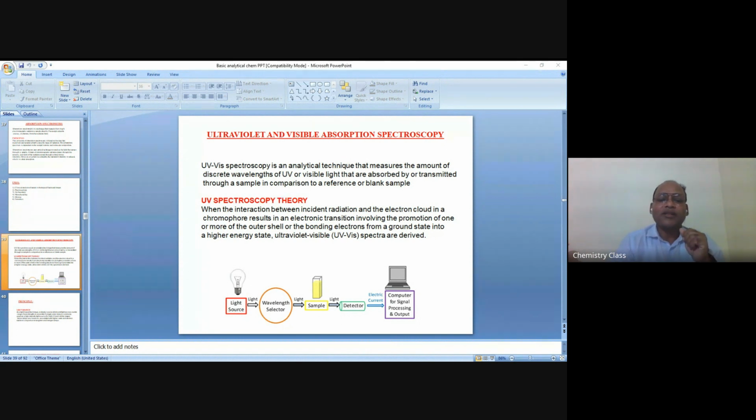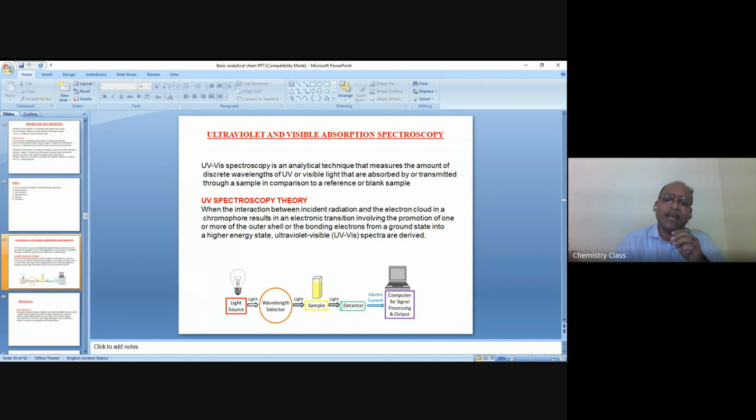Okay, besides the technique, what is the principle? The interaction between the incident radiation and the electron cloud in a chromophore results in an electronic transition involving the promotion of one or more of the outer shell and bonding electrons from the ground state into a higher energy state.